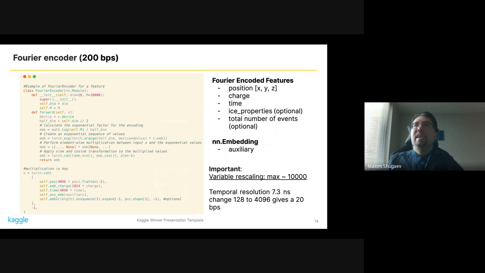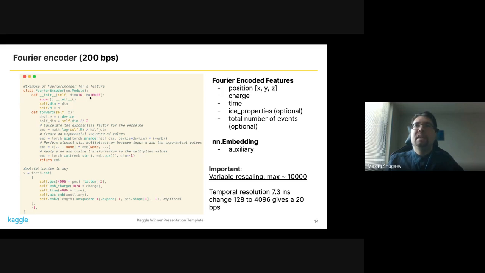We use Fourier encoding, which is commonly used in language models to describe the position of tokens in the sequence. It can be viewed as soft digitizing of the input variable into codes defined by Fourier frequencies, which range from 1 to 1 over 10,000. And we applied this encoding to all continuous variables.